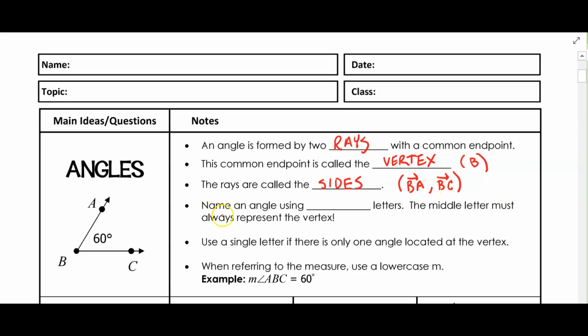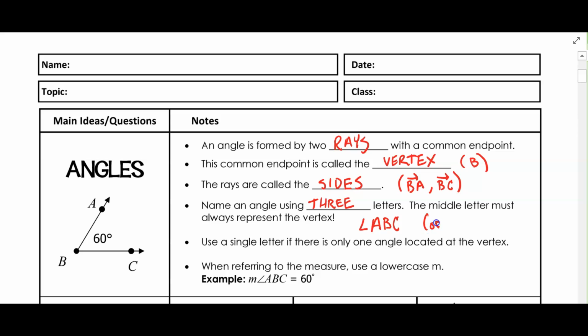All right, and we name an angle using, now typically we'll use 3 letters. Sometimes you can use 1 letter, and sometimes if there's a number inside, not the angle measure like this one, but sometimes if there's a number you could use that. And then the middle letter must always represent the vertex. So if we wanted to name this one, we would call it angle ABC.